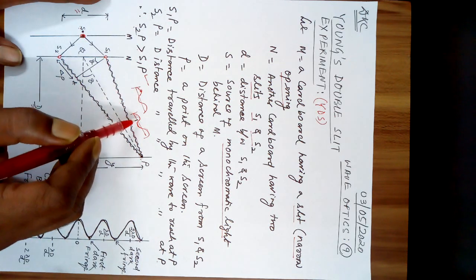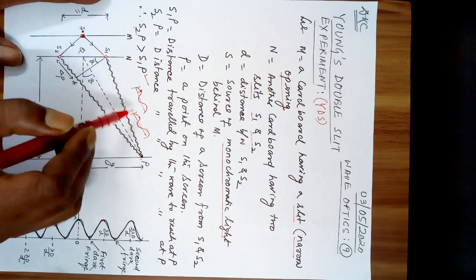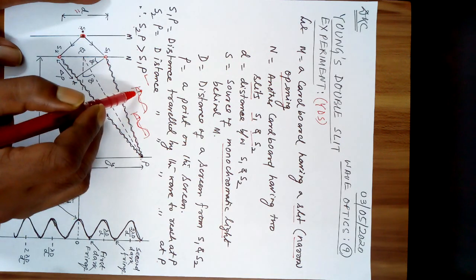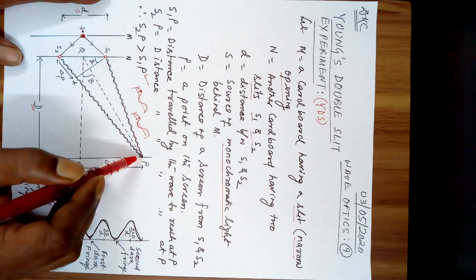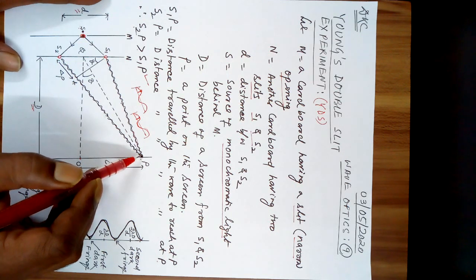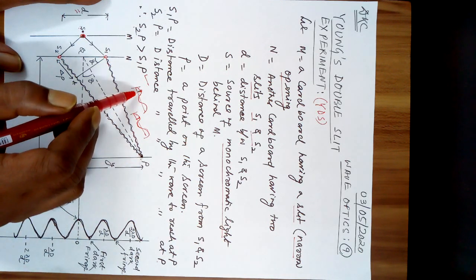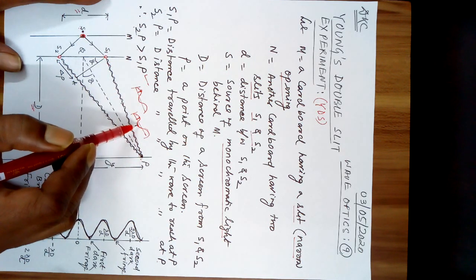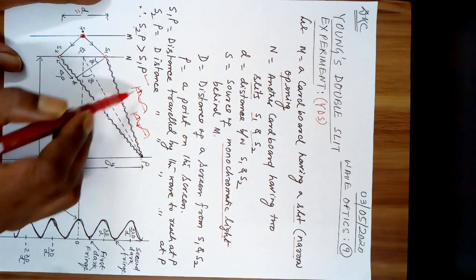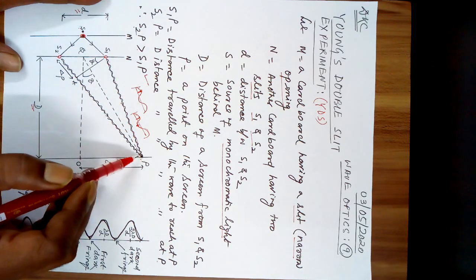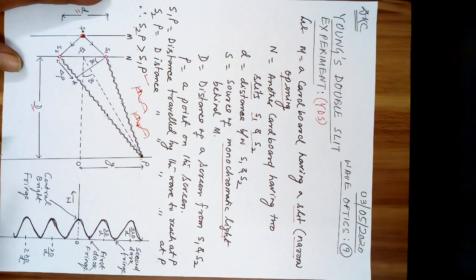If this point combines with this point, this amplitude and this amplitude are in the same direction, so they will be added. So here we will have a maximum brightness, called a bright fringe or constructive interference. If this point combines with this point, this is downward, this is upward, so the amplitudes will be subtracted. So here we will have a minimum intensity of light.